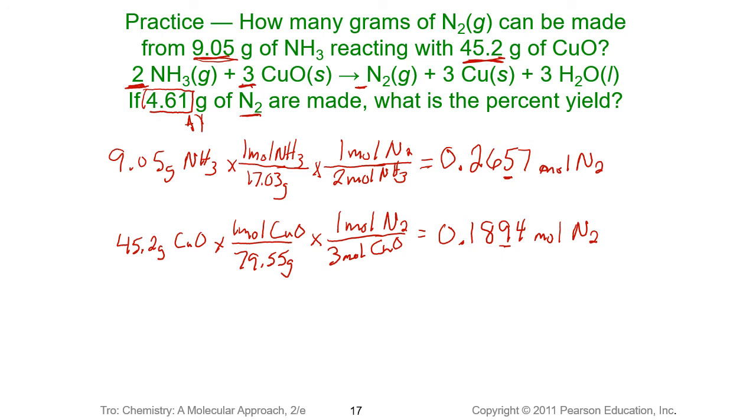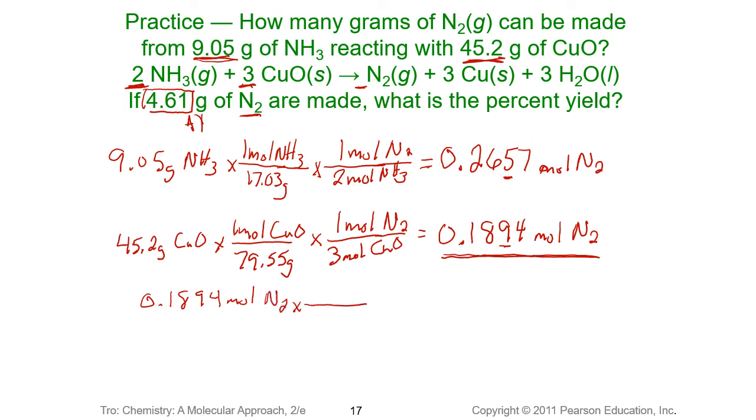So we can see that we have the least amount of nitrogen produced from our copper 2 oxide. So we can use that to calculate our grams of our theoretical yield.